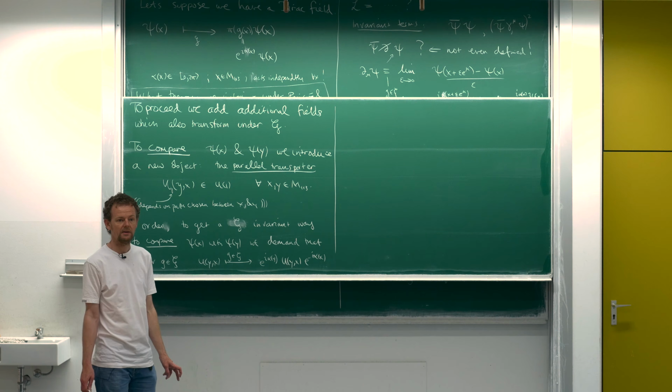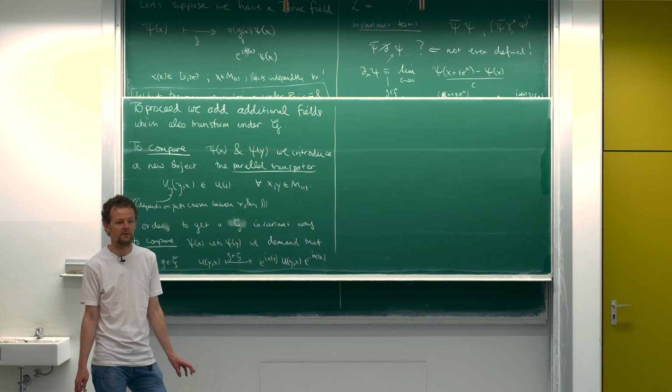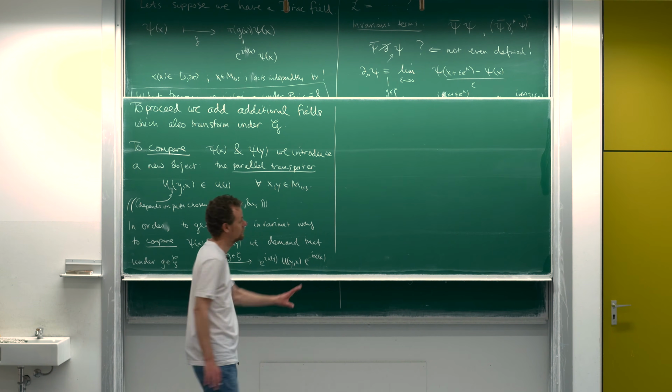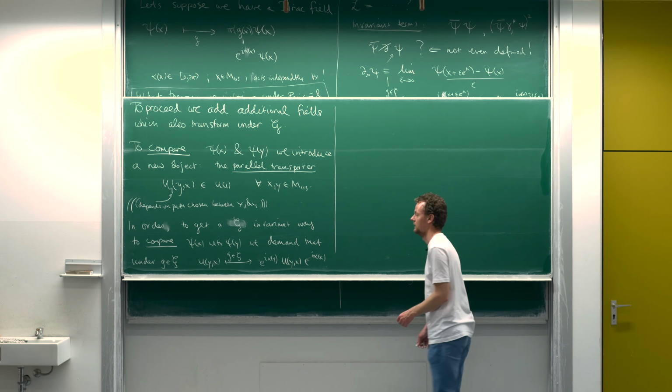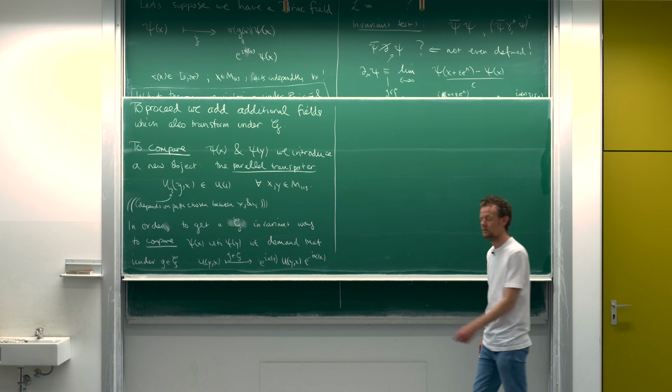Well, then you'd have a way to compare fields at two different locations in a gauge invariant way. So we introduce a definition now. You're not meant to understand, you're not meant to be able to prove this, it's really a definition.